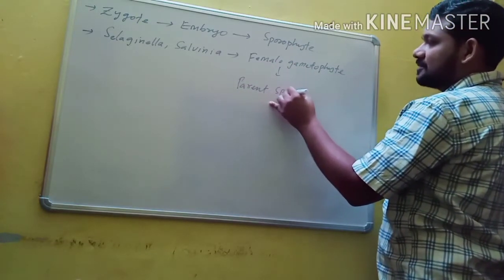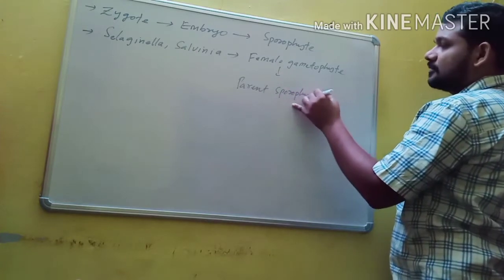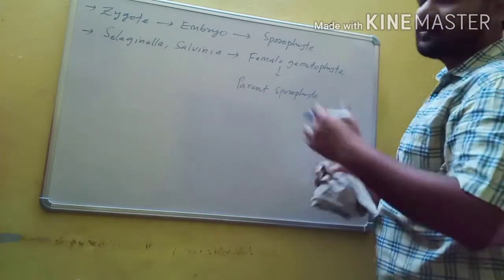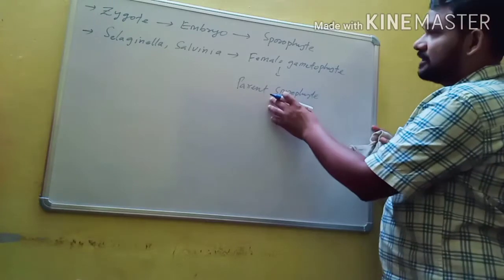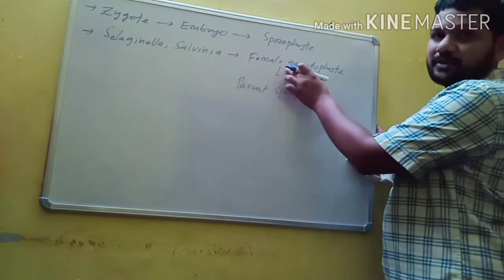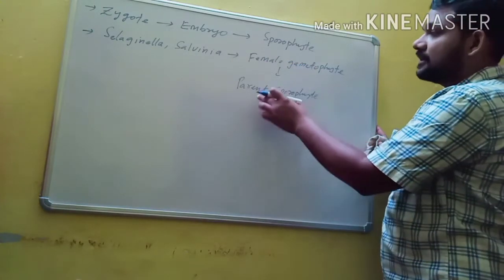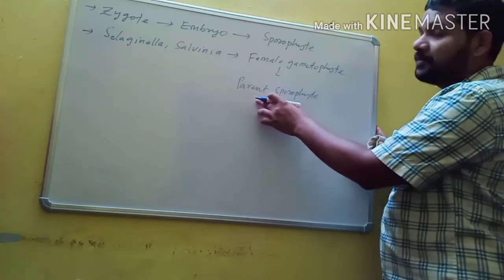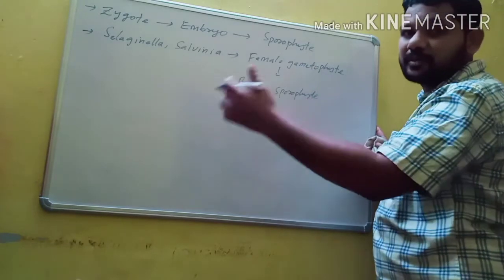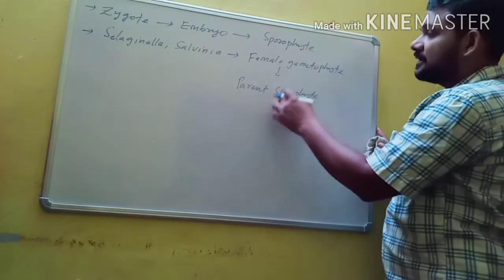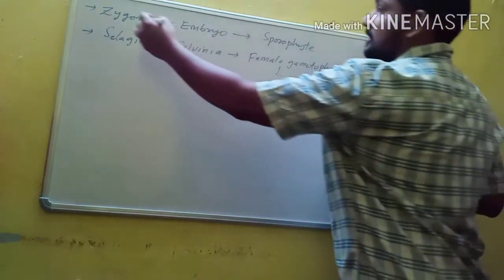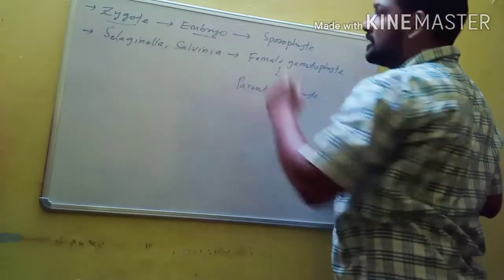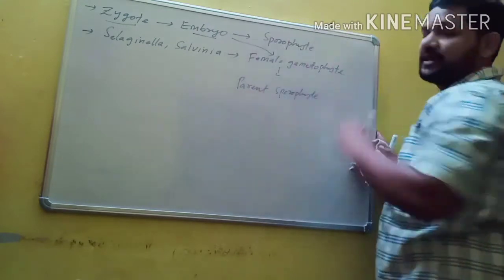Generally, both male and female gametophytes are separate. But in some cases the female gametophyte is retained in the parent sporophyte for variable periods. When it is retained, the conversion of zygote into young embryo usually takes place in the female gametophyte.